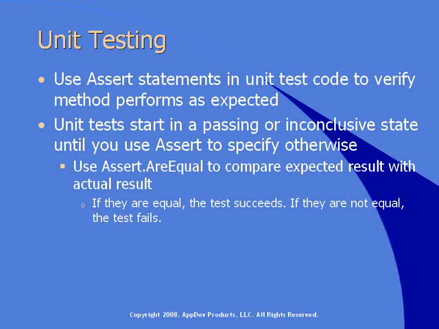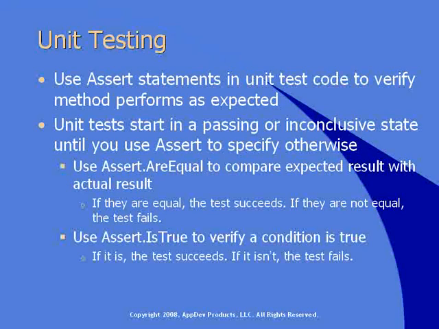Now you know the actual amount that was ordered, and therefore that's what you expect the method to return. So you would call Assert.AreEqual, pass in the expected result, which you know, and the actual result, which is what the method will return. And again, if those are equal, then the test succeeded. If they're not, the test failed.